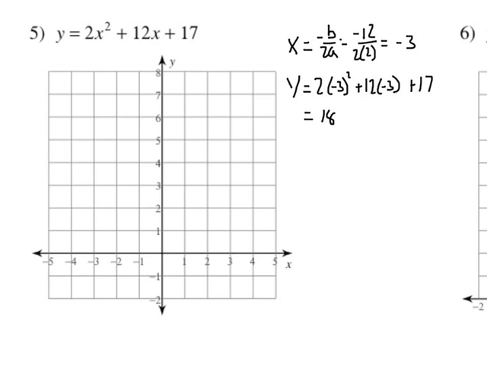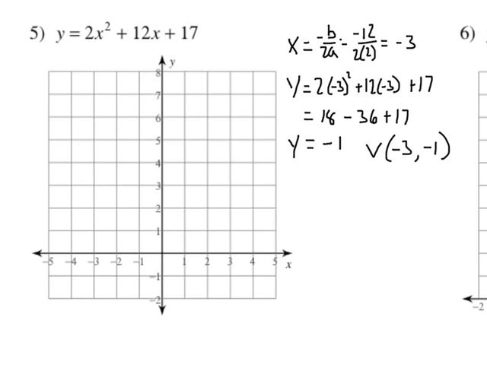So I've got 18 minus 12 times 3 is 36, plus 17. So 18 minus 36 is -18, and -18 plus 17 is -1. So our vertex is located at (-3, -1).